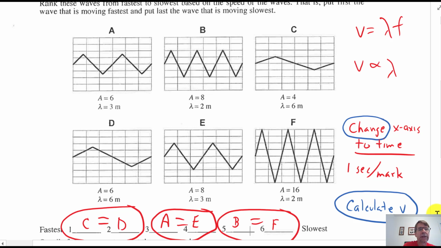So like if I go to diagram A, this is 1 second, 2 seconds, 3 seconds, 4 seconds, 5 seconds, 6 seconds. Those are all seconds. So that's time in seconds for all these x-axes. And then the vertical axis would be the amplitude. Now, it's a different problem. Okay, in the first situation, that axis was not time.